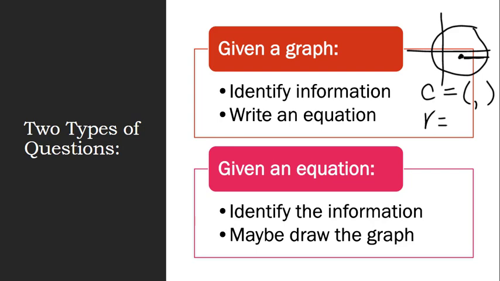And then I'm going to write the formula, right? (x minus that point) squared equals radius squared. Okay, the next type of question is if you're given an equation, identify the information, and maybe draw the graph. So those are the 2 types of questions.